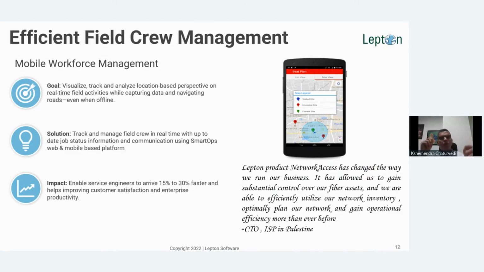You have the way to assign the tickets, and they can find out the latest status of the network. That is a very potent combination, integration of inventory plus field crew, and it really optimizes the whole work order management and field crew management. There is enough data gathered which says that this kind of system improves the efficiency of field engineers by almost 30% or so.